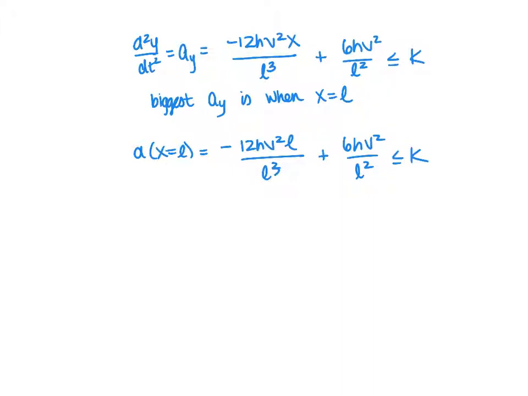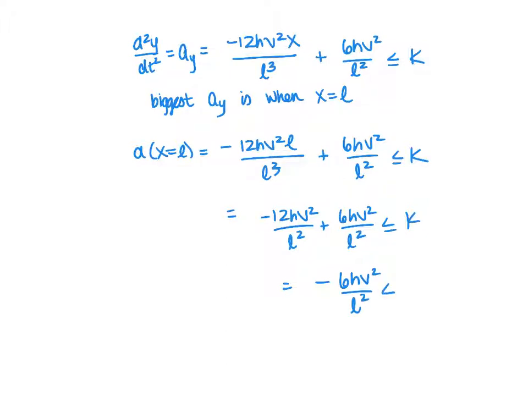Sorry, this is a cube. Minus 12h v squared over L squared plus 6h v squared over L squared. Now, the reason it's negative is because it's downward, and so we can just look at the magnitude of it.